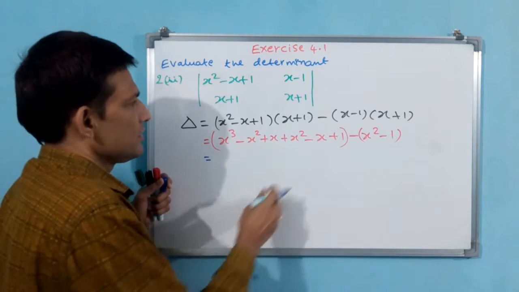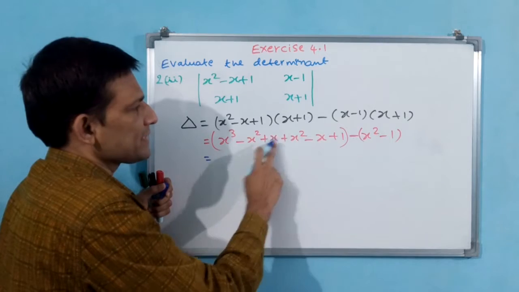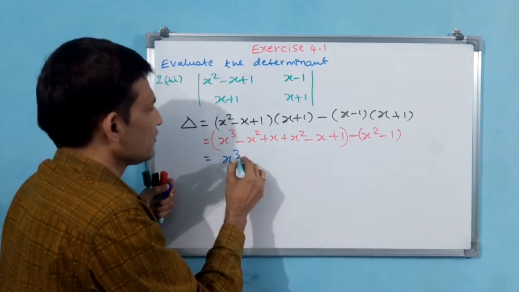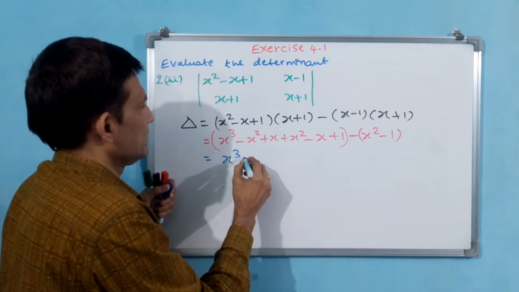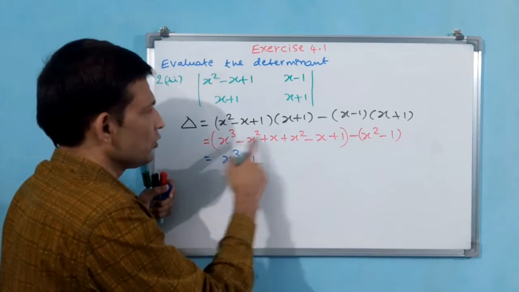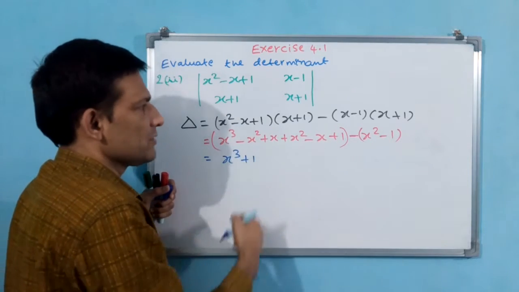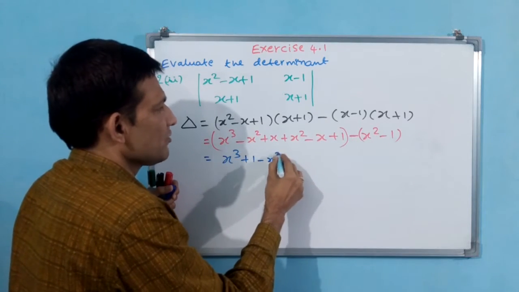See, before opening itself here, you see minus x square and minus x plus x are going to get cancelled. Then what will come? X cube plus 1. Is it okay? X cube plus 1. Why? Because x square and x are going to get cancelled out with each other. So now I will open this bracket: minus x square plus 1.